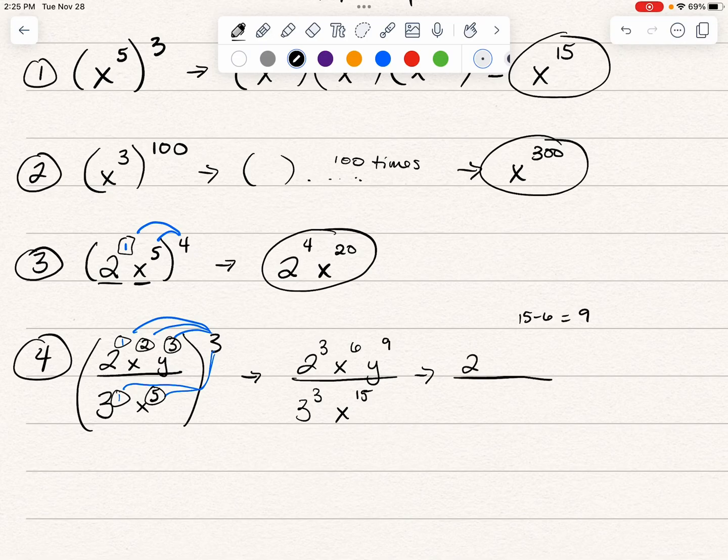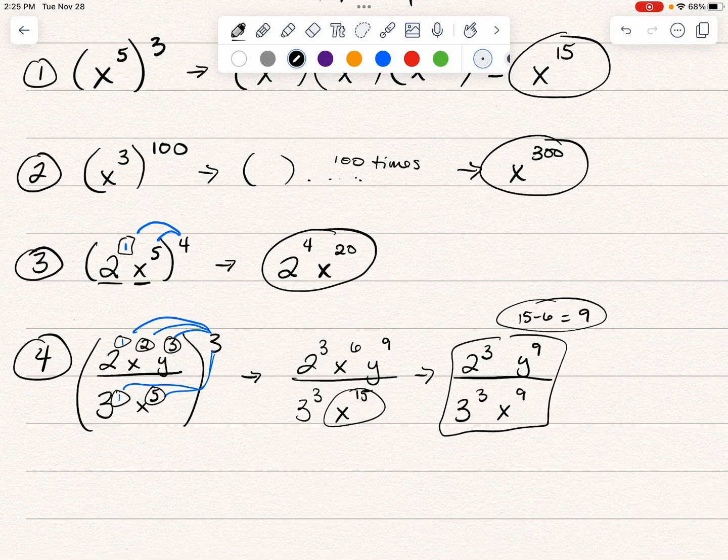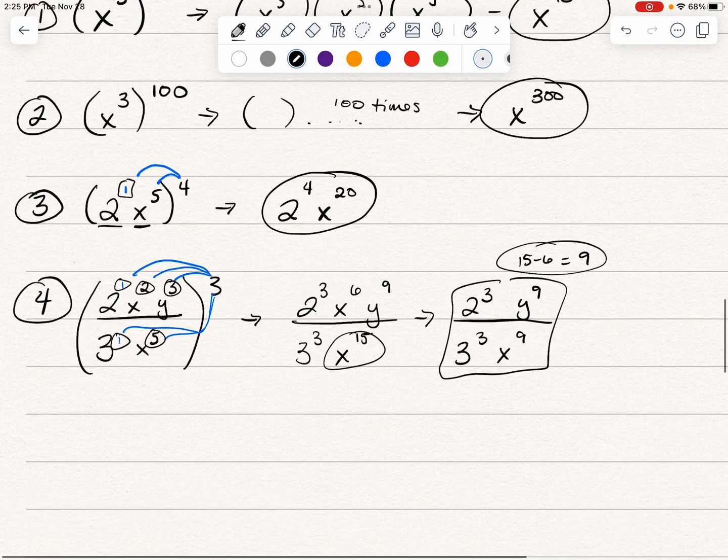So this is going to leave me the simplified version of this. Everything else remains the same, y to the 9th, but I'm going to have my x to the 9th power, and that's going to have to remain in the bottom of my fraction because 15 is greater than 6.